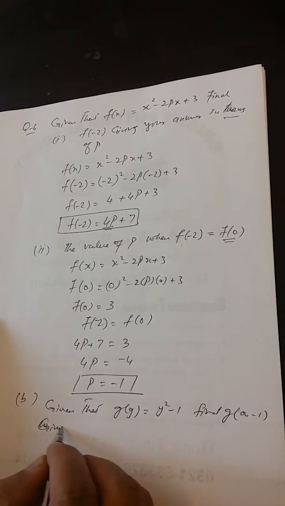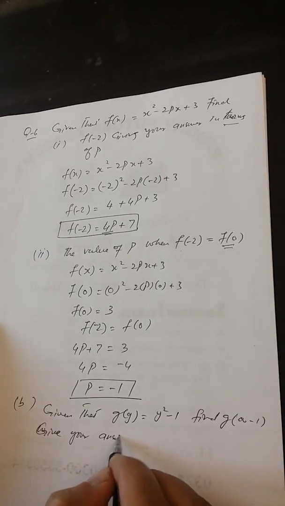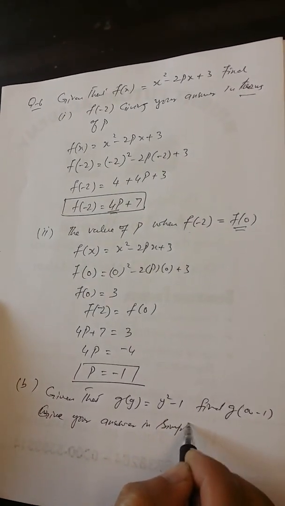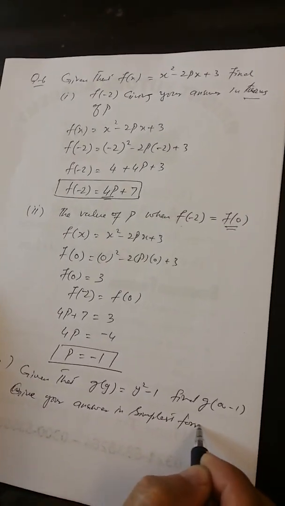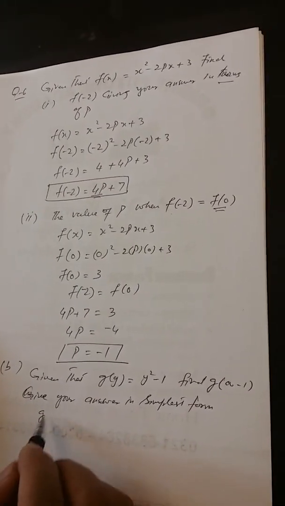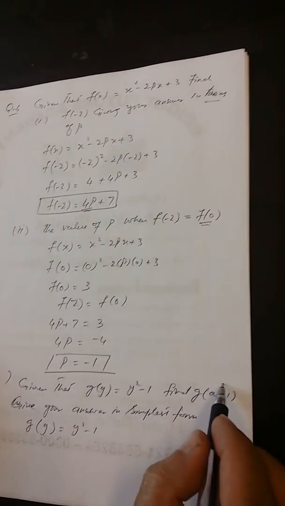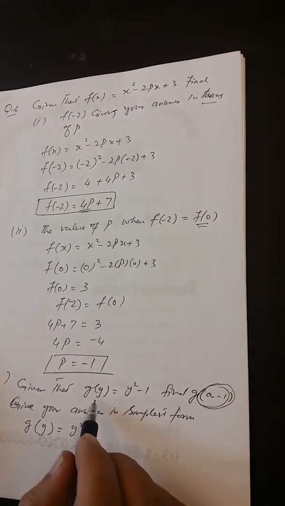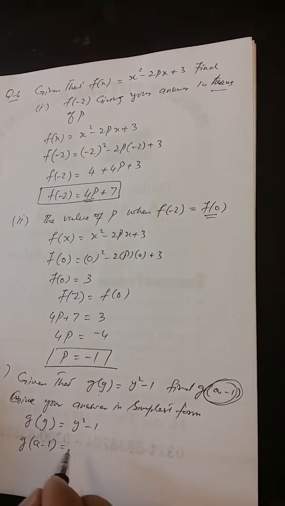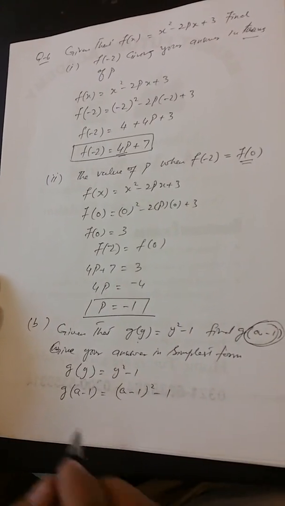Give your answer in simplest form. There is some trick in the question, but don't worry. So pick the function first of all. Now he has replaced this y with a minus 1. We will also replace it like this. It will be (a minus 1) whole square minus 1.